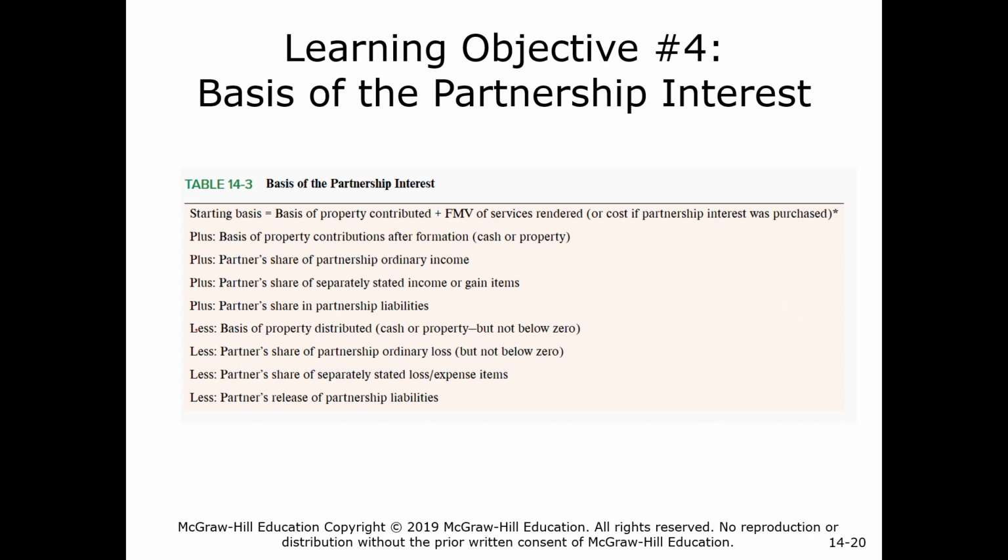And then, of course, if we were distributed any money or property, these will be subtracted from our basis. Ordinary losses, negative separately stated items or expenses will also reduce our basis, and any release of liabilities will also reduce our basis, as we looked at in previous examples.